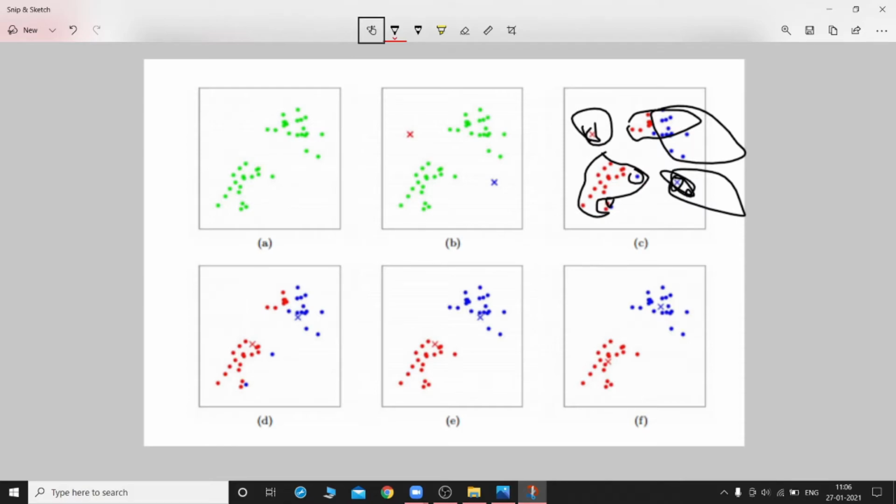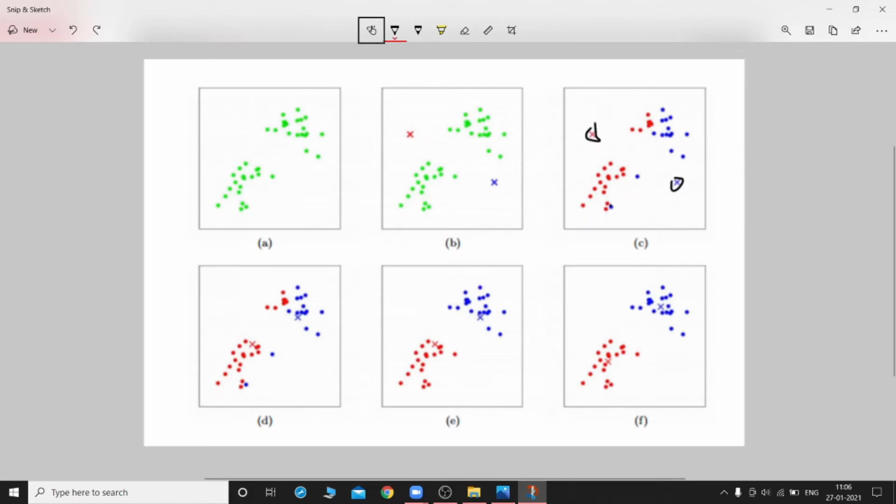The next step is these cluster centroids. They were right here, right? But now these cluster centroids are here. How did they come from here to here and here to here? We already had two clusters formed, but they contain different colors.